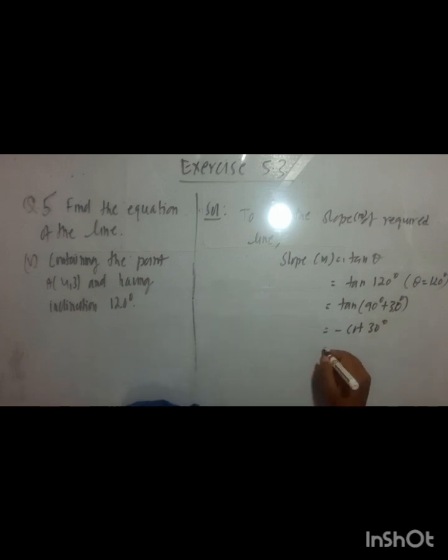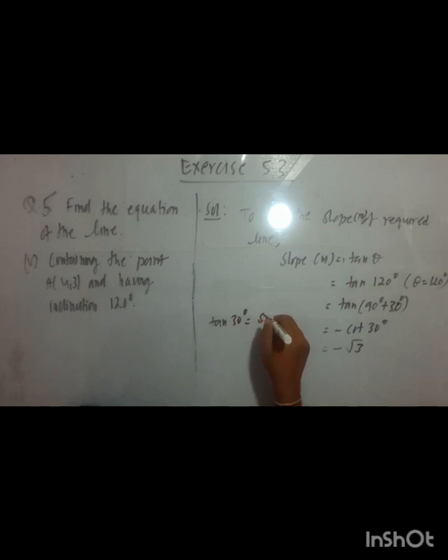And minus cot 30 is how much? Cot 30 is root 3, because you know tan 30 is sin 30 upon cos 30. Sin 30 is 1/2 and cos 30 is root 3 by 2, so the 2 will get cancelled and tan 30 will be 1 upon root 3.